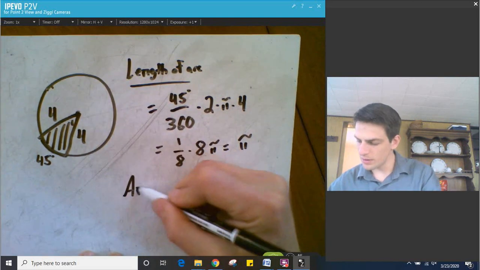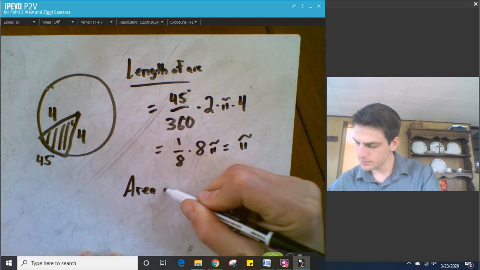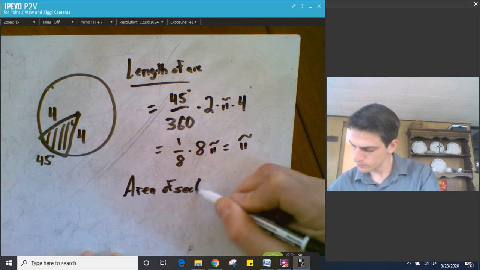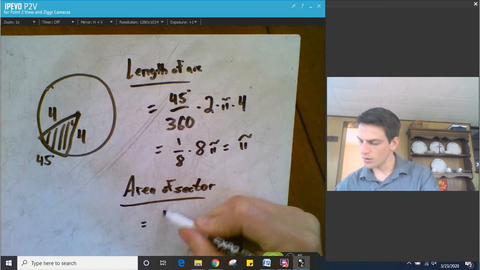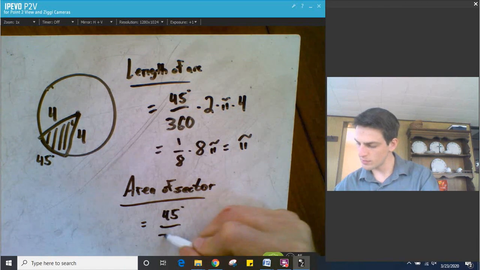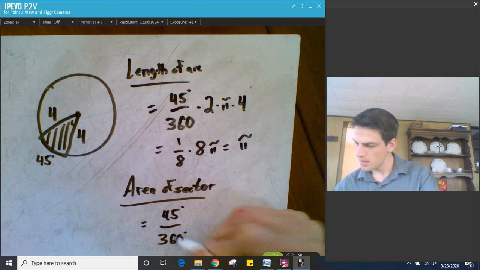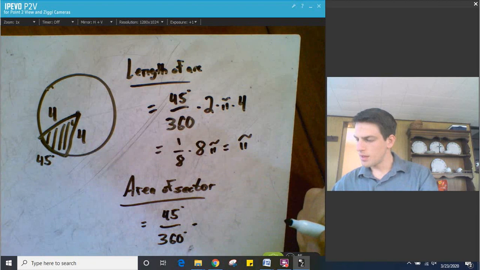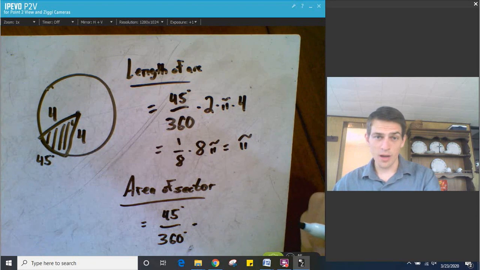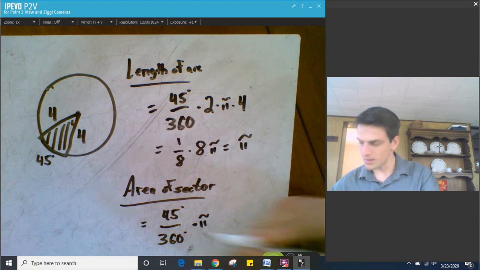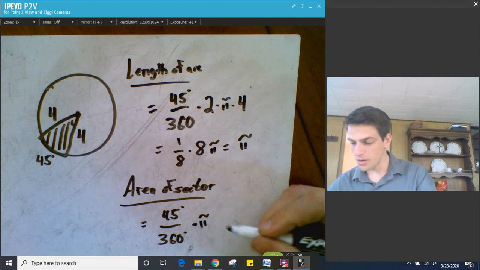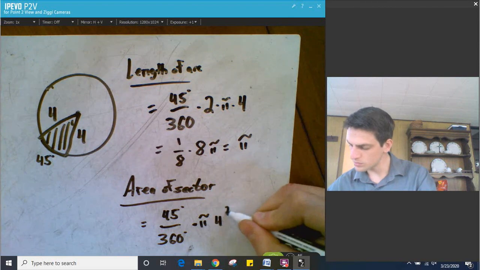Now let's find the area of that sector. And it's going to be a very similar looking equation where we have our proportion, 45 degrees out of 360 degrees. And we're going to multiply that by the area of the whole thing, which is pi r squared. So times pi, and then r squared, we have 4 squared.